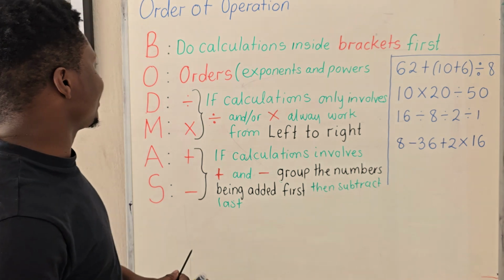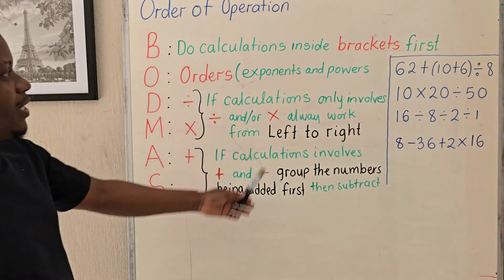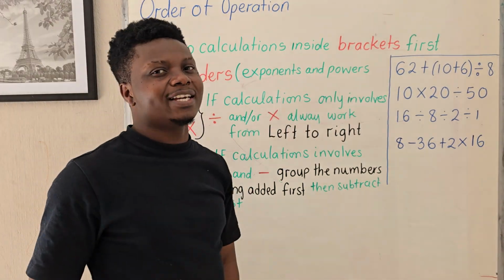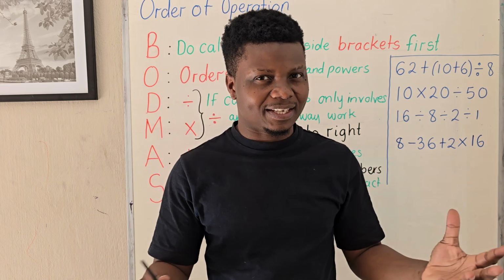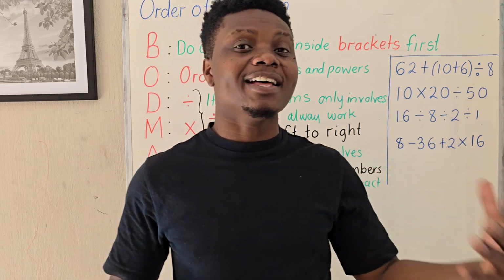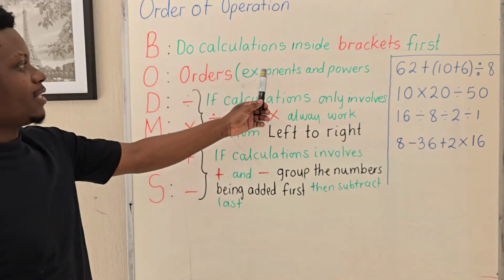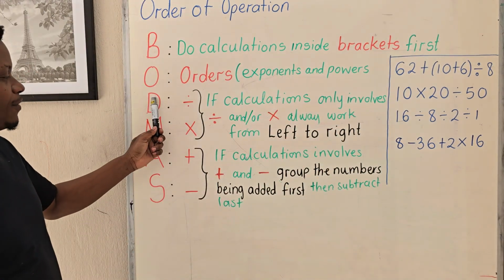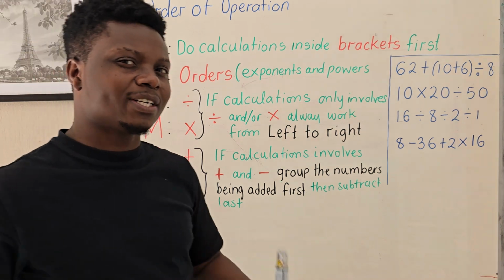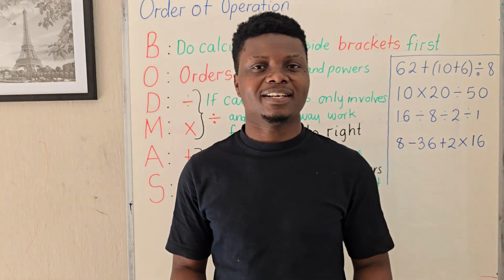And what do you do next? Orders. Orders are exponents and powers. And in this video, I'm not going to touch basically about exponents and powers, but in the other video, I will do so. Then after the orders, we look for division and multiplication. So what comes first, division or multiplication?